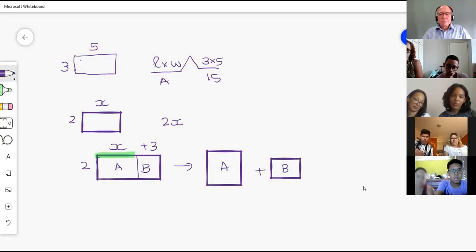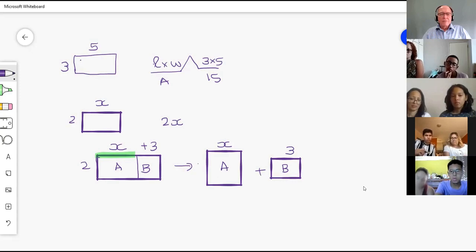X. And block B? 3. Good. Jared, what is the width of block A? 2x.